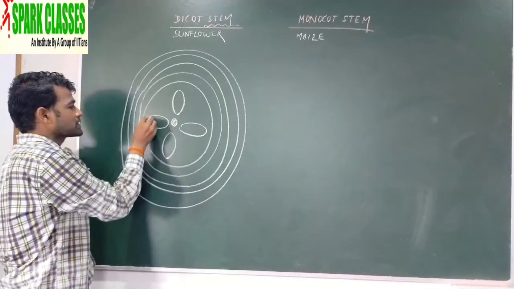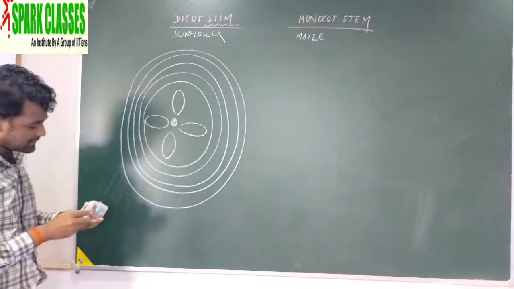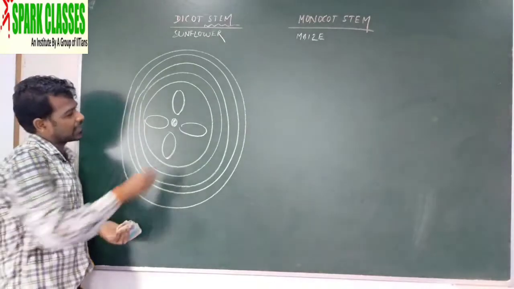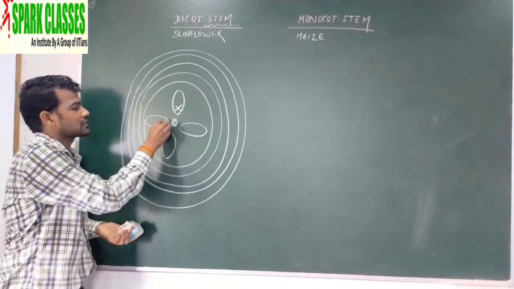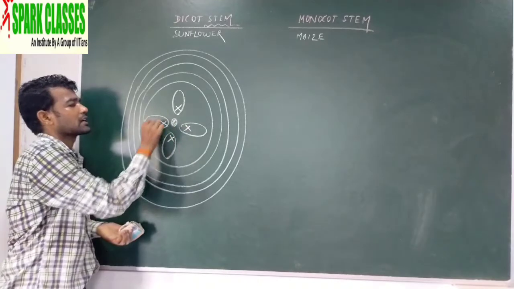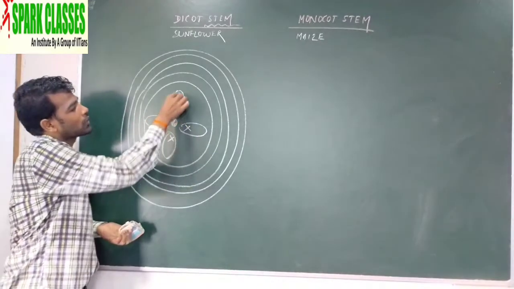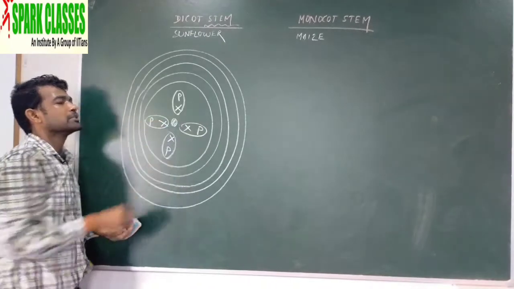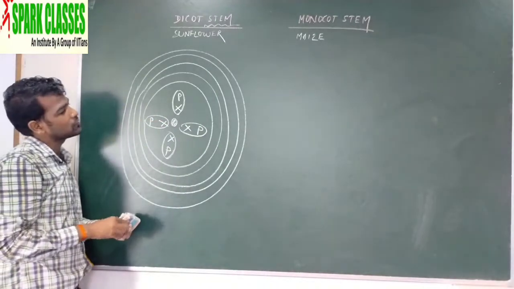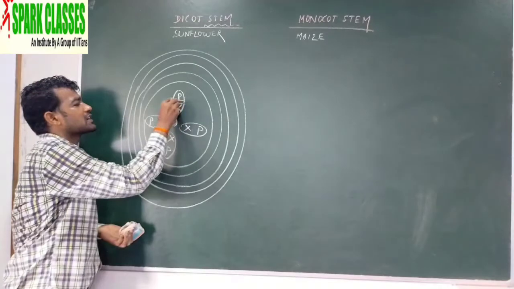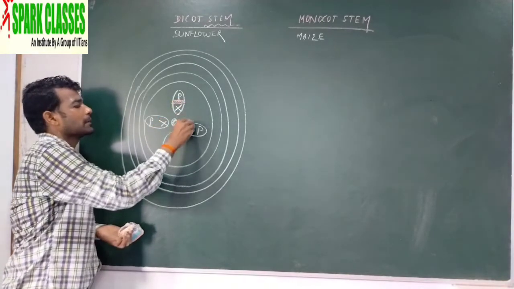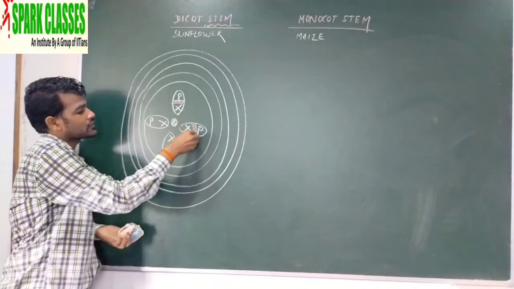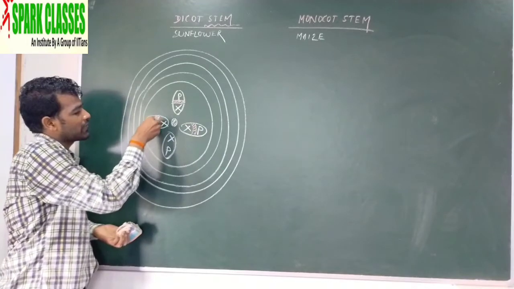The xylem is present towards the center, towards the pith, and in all the bundles phloem is towards the periphery. In between xylem and phloem there is a cambium, the intrafascicular cambium.